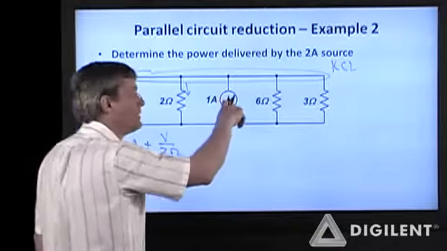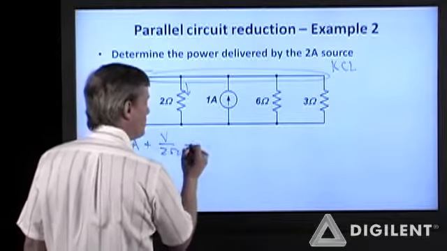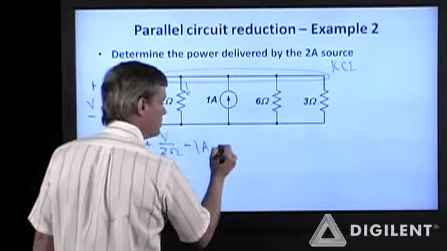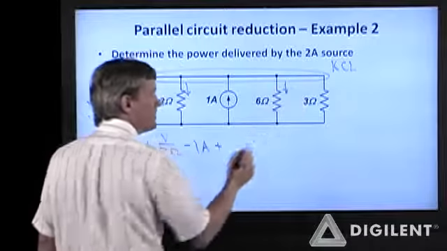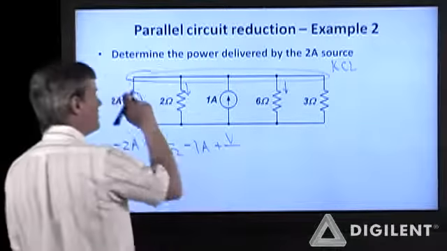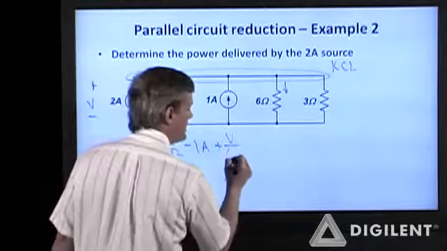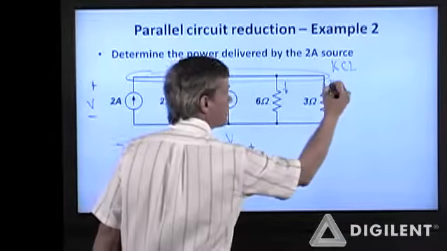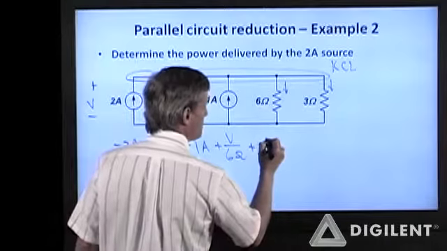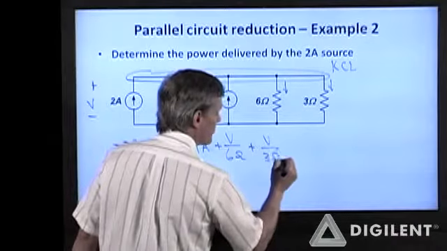This 1 amp current is going into the node, which makes it a negative contribution. The current through the 6 ohm resistor is the voltage difference across the resistor divided by 6 ohms, plus the current through this 3 ohm resistor is the voltage difference over 3 ohms.